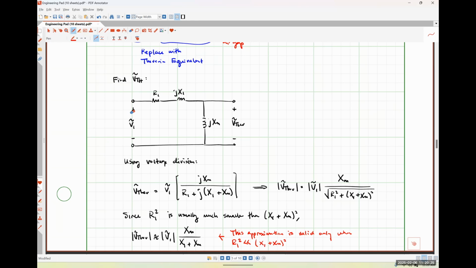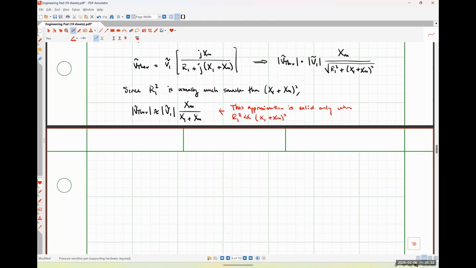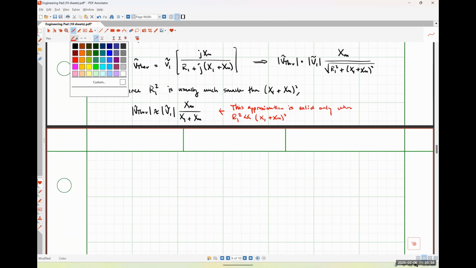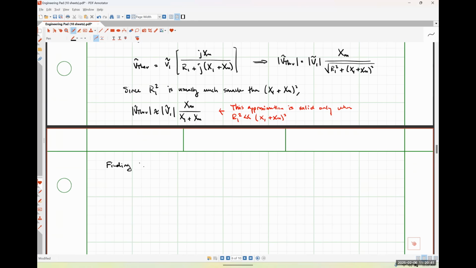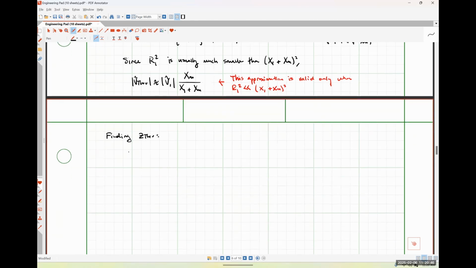So we have to turn off the source voltage and we're looking into those terminals on the right, Baylor. So Z Thevenin is just doing parallel impedance combination here. This is just JXM times R1 plus JX1.